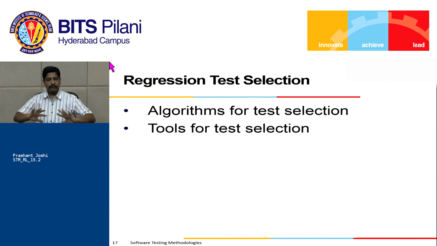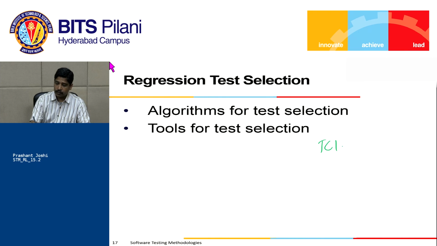From the perspective of regression test and regression test selection, we definitely need certain algorithms. And certain algorithms typically are based on requirements or requirements analysis across the board. We would definitely need a traceability matrix. The traceability matrix allows test case 1, test case 2, test case 3 against R1, R2, R3.